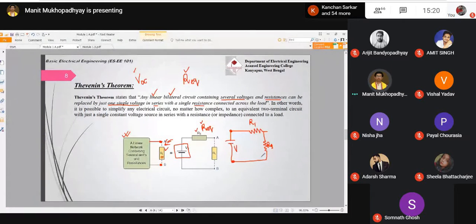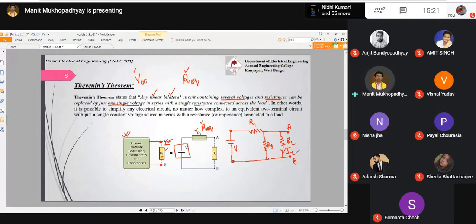This is your circuit, and here the RL is connected. This is our output port A, B. Now what is our main motto? Our main motto is to calculate the current flowing through this RL.